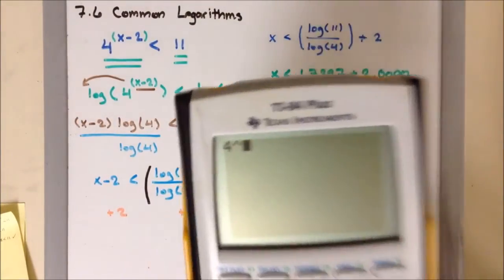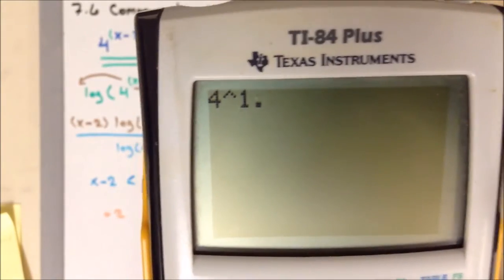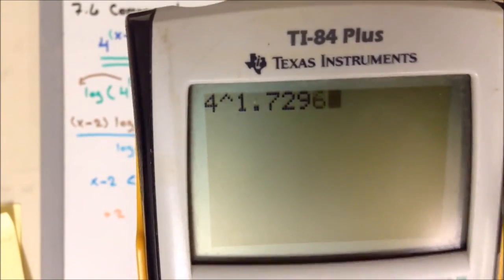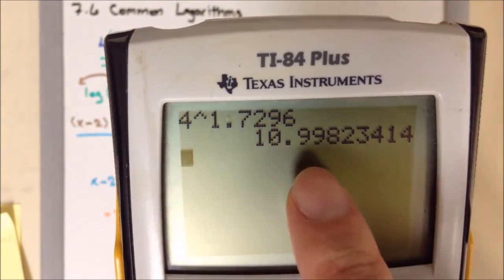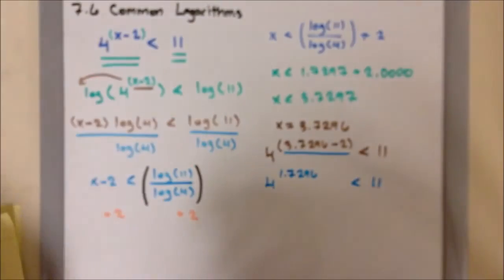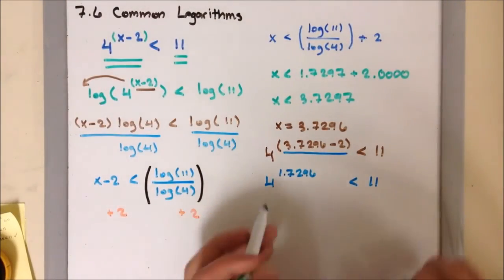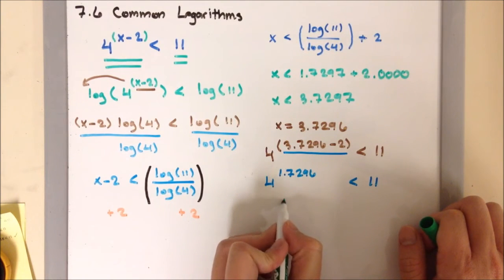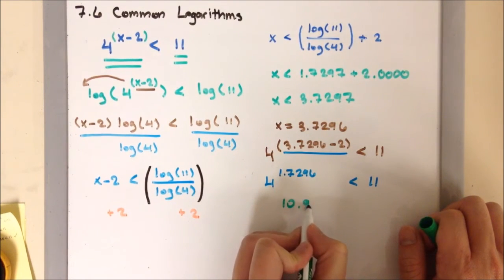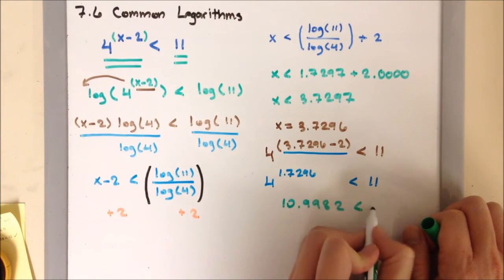So I'm going to type it into the calculator. 1.7296. Hit enter. I get 10.9982. So let me write that down. So 4 to the power of 1.7296 is 10.9982, which is less than 11.